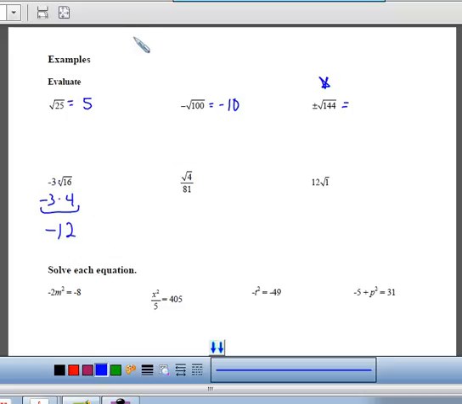Oh, just as another side note, put a star up at the top. You are going to treat square root the same as an exponent in order of operations.